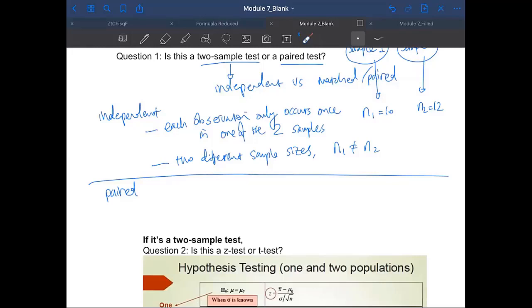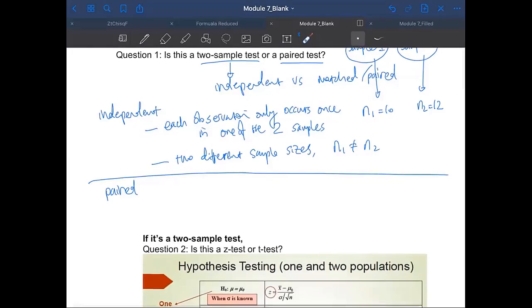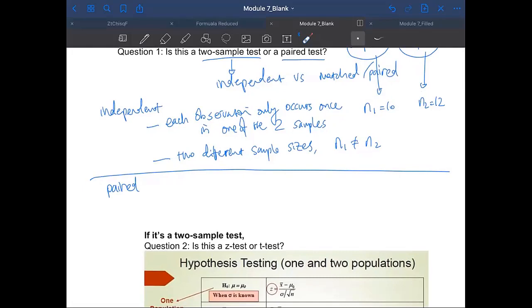I'm going to write it out down here first, and then I'm going to go to Rachel's question. So for the paired sample, each item, each object, or each observation provides one data point for method 1, and then another data point for method 2.